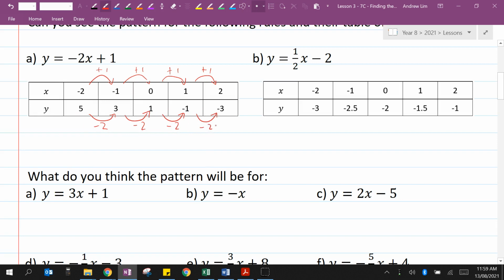So the pattern is as x increases by 1, y decreases by 2. What about B? We can see as x increases by 1 each time, y is increasing by half. It's going up by half.